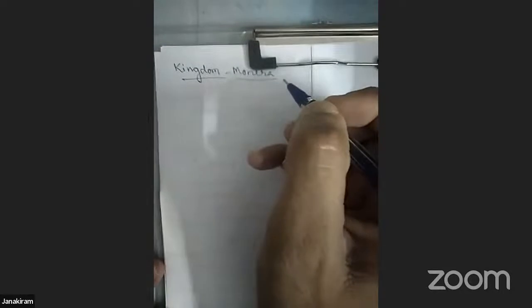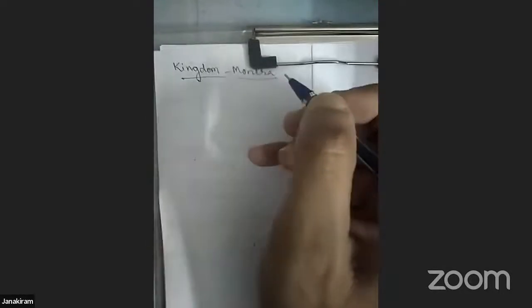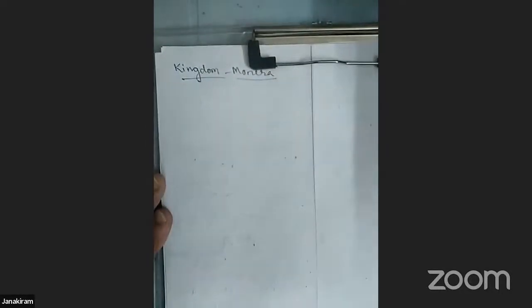So let us start with the characters of the first kingdom, that is kingdom Monera. So I will say that kingdom Monera includes unicellular prokaryotic organisms.